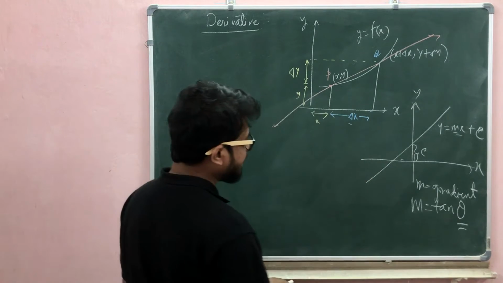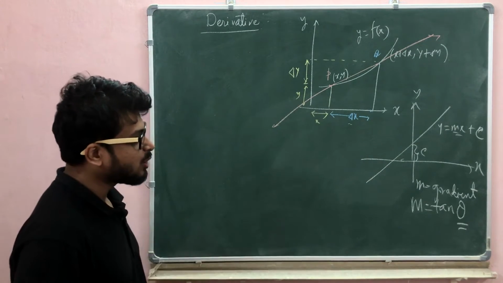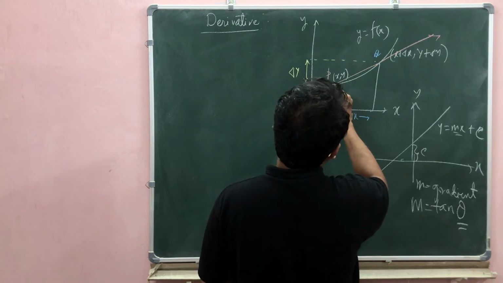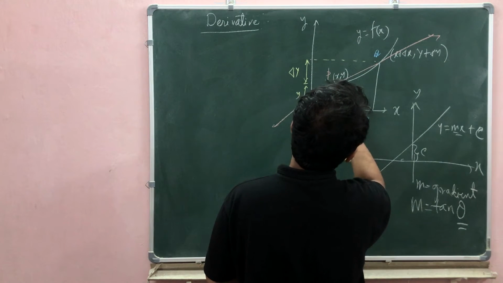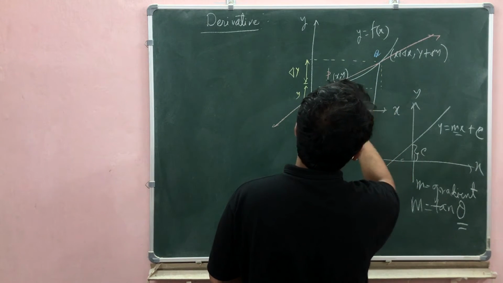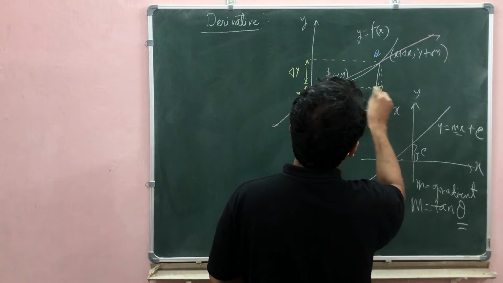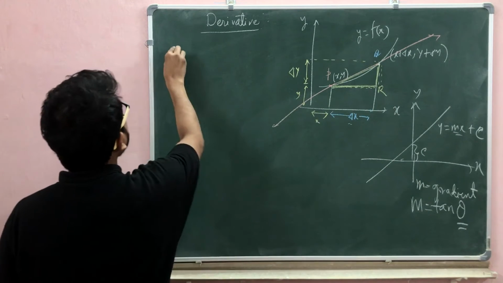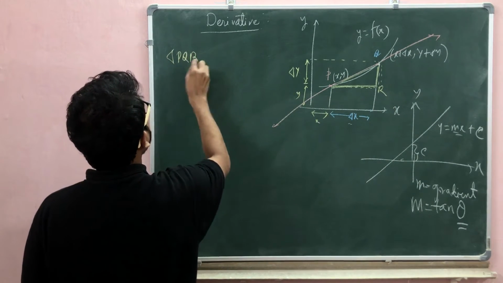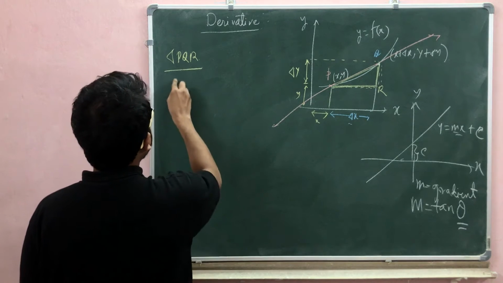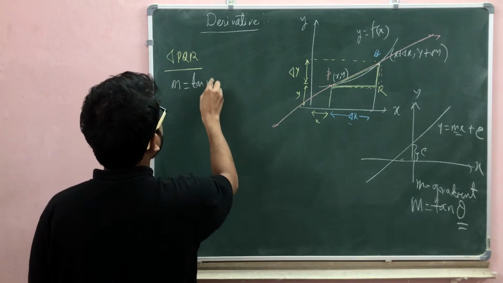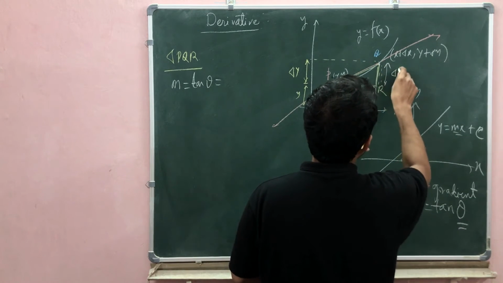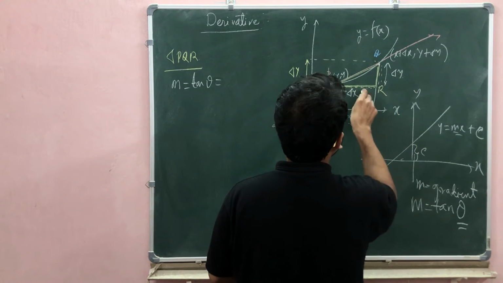In trigonometry, you know that tan theta equal to perpendicular by base. So assume a right angle triangle PQR, with R as the third point. The gradient m equals tan theta, where the perpendicular length is delta y and the base is delta x.